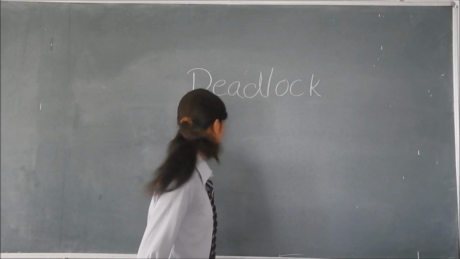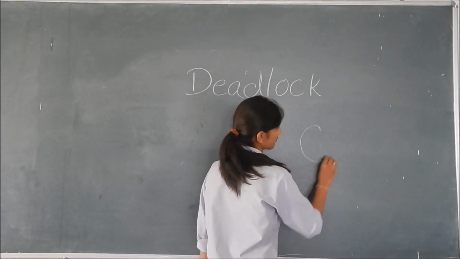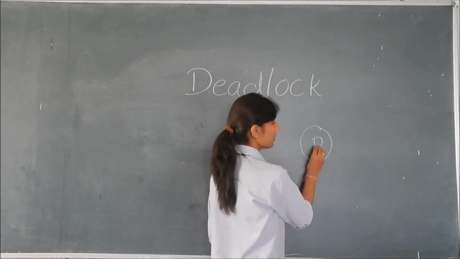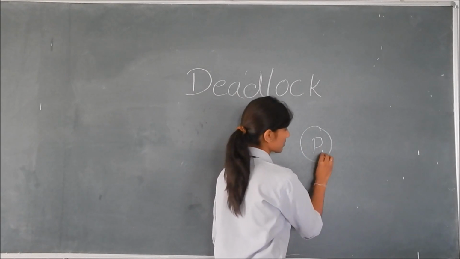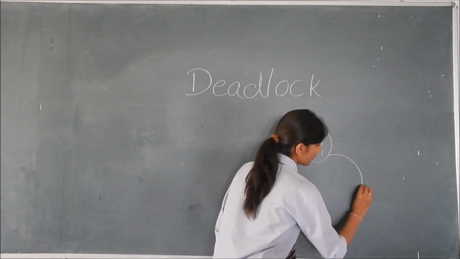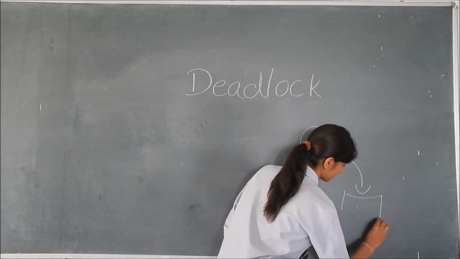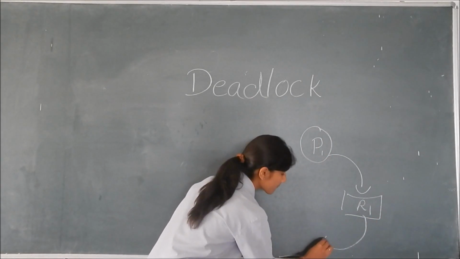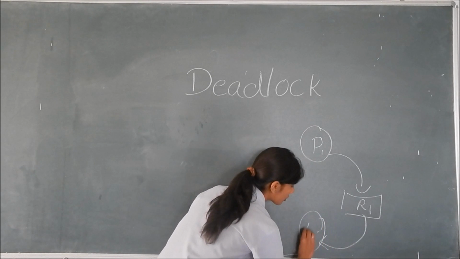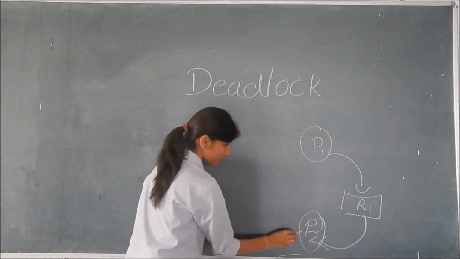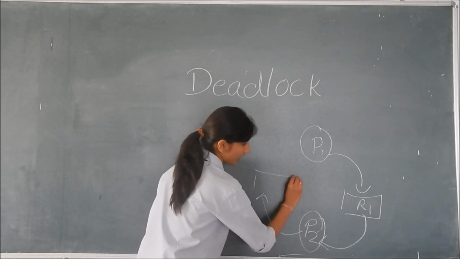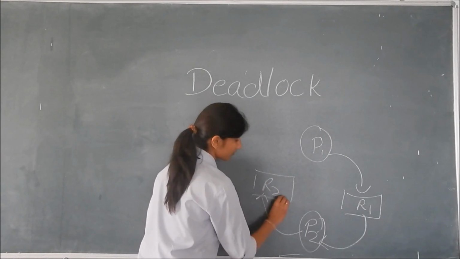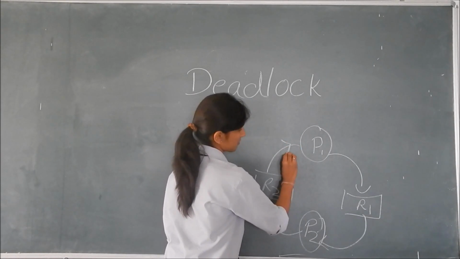Let me give you a very basic example through a diagram. In multi-programming, suppose this is a process P1 which is requesting resource R1. Now R1 is pre-allocated to process P2, which is requesting resource R2, which is pre-allocated to process P1.